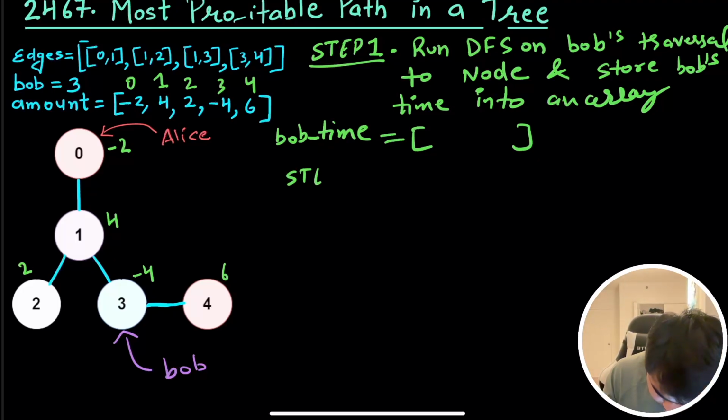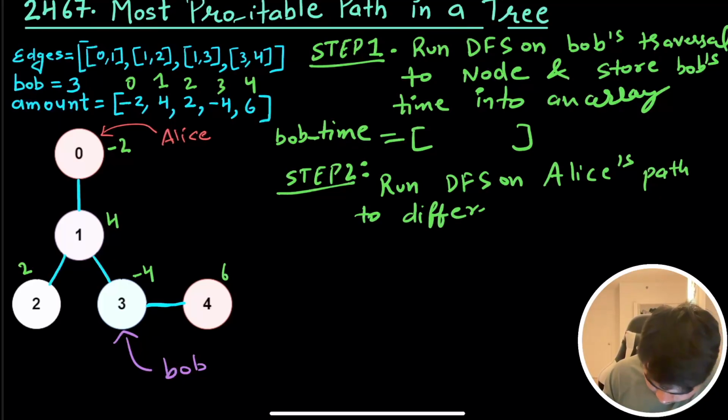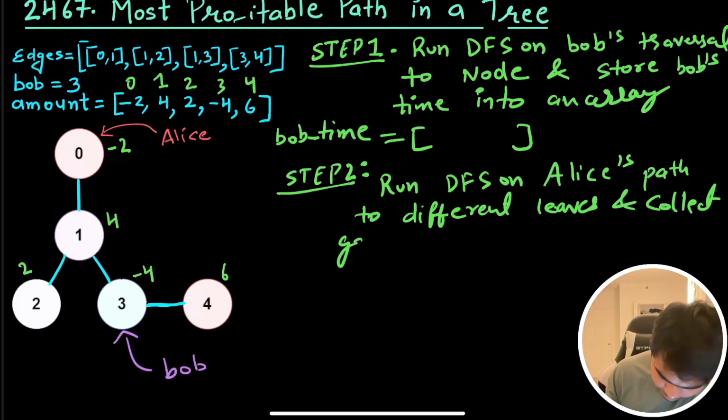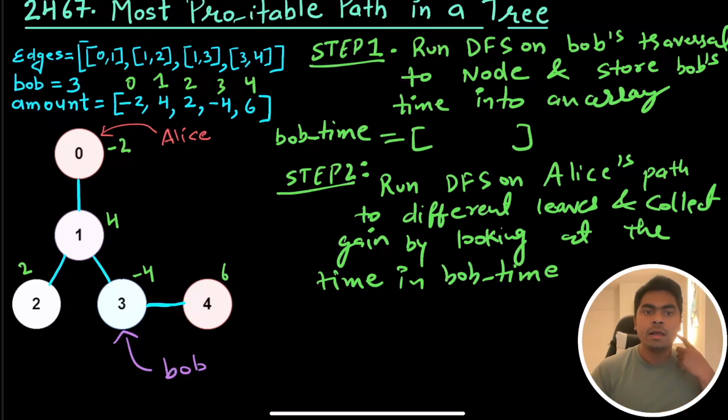Step 2 is to run DFS on Alice's paths to different leaves and collect gains by looking at the time in Bob time, because this will help us decide if Bob has already been there.